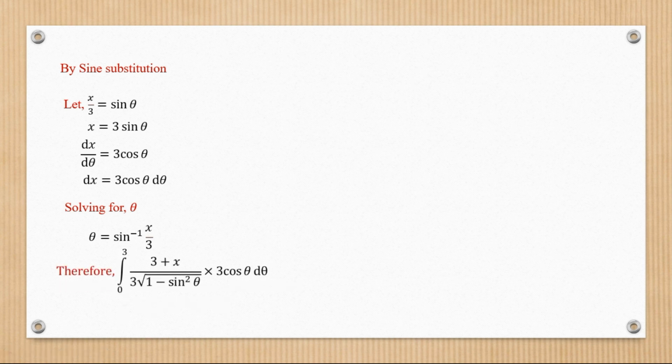So we shall have the integral of 3 plus x over 3 into 1 minus sine squared theta times 3 cos theta d theta. And then we'll have to eliminate this x here. But we know that x is actually equal to 3 sine theta. So when we substitute that back in, we'll have 3 plus 3 sine theta.